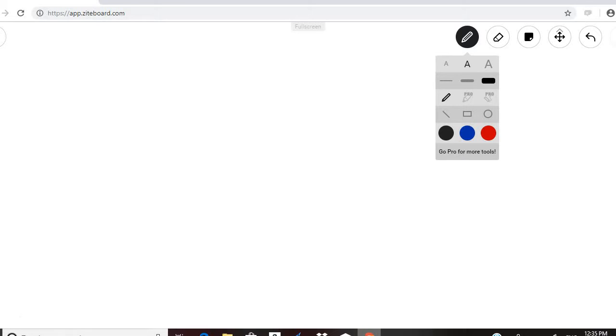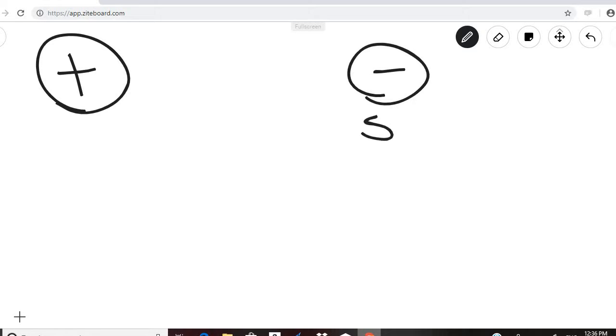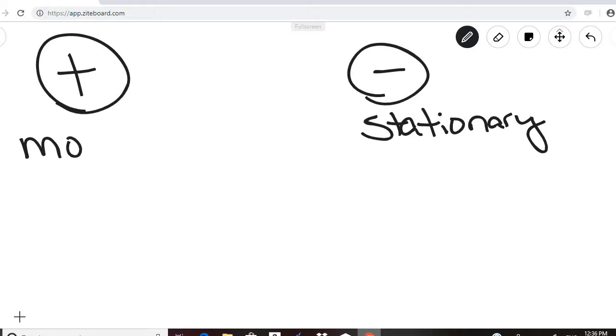Okay, so let's say that we have a positive charge here, and we have a negative charge over here. This charge is stationary, and this charge is free to move.